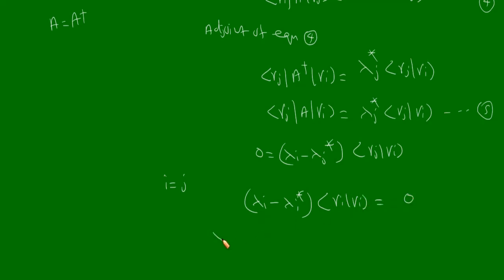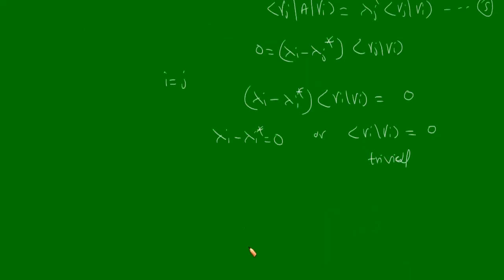So this implies that lambda i minus lambda i star is 0, or Ri is equal to 0. Okay. Now Ri equal to 0 is a trivial solution. So I can take lambda i minus lambda i star is 0, or lambda i is equal to lambda i star. That means lambda i is real. So that means that the eigenvalues of a Hermitian matrix are real.